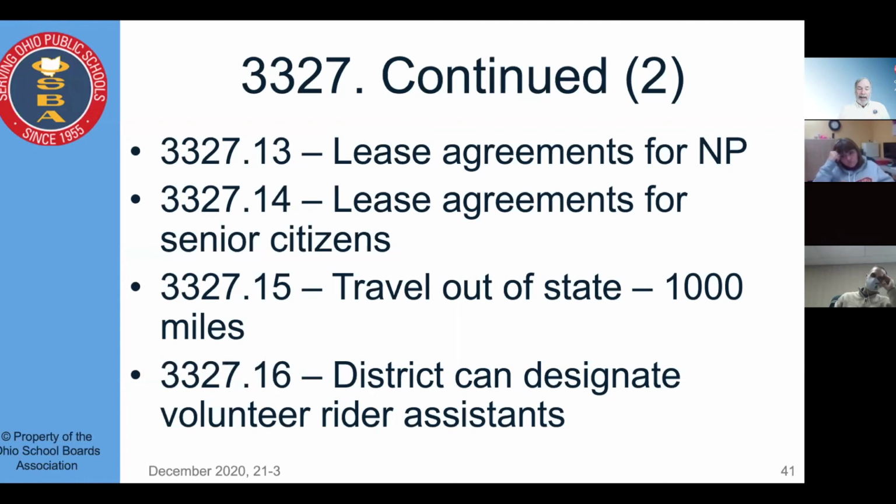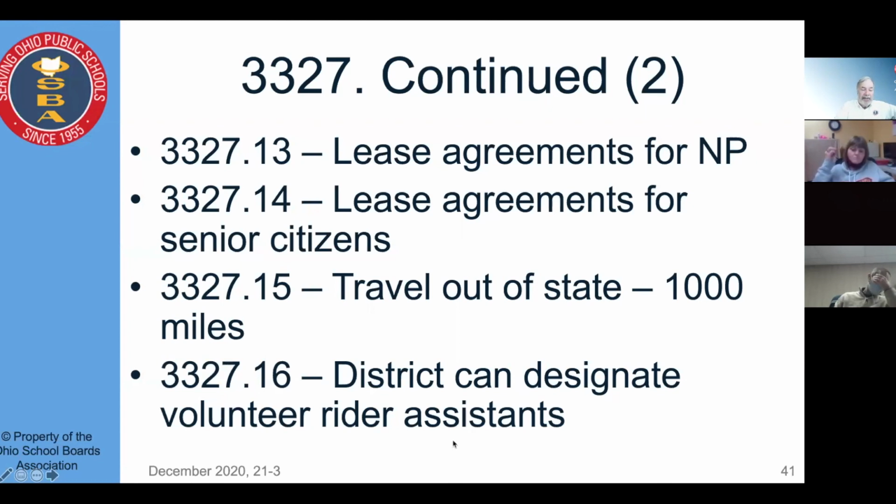You start counting the mileage when you cross the line, when you cross the river down in Cincinnati. So you can't travel more than 1,000 miles out of state. That's total miles, including any side trips you make on the way. If you want to send a group down to the Florida Keys, they have to use a commercial carrier.